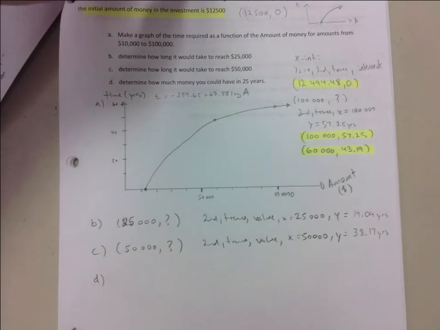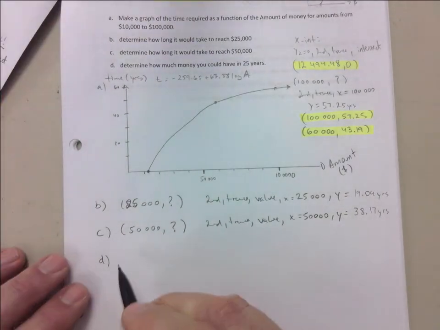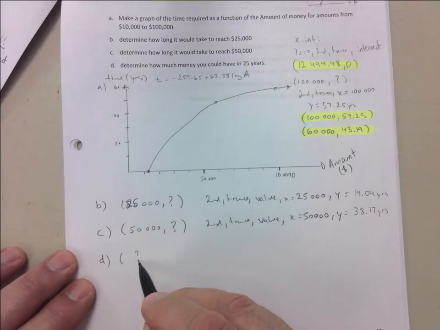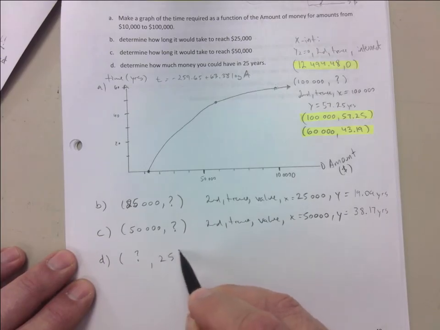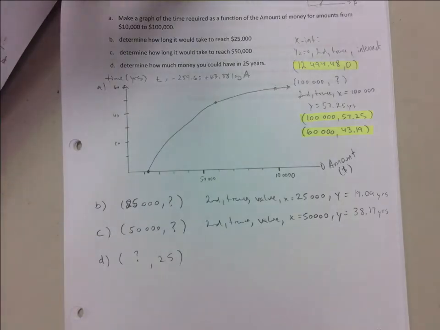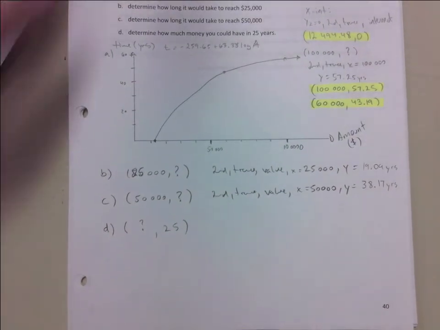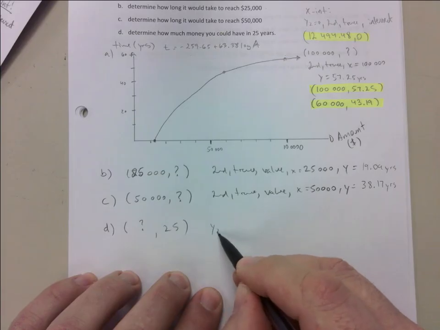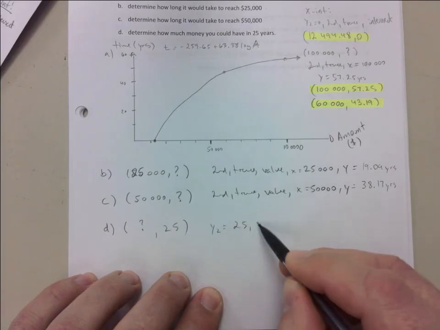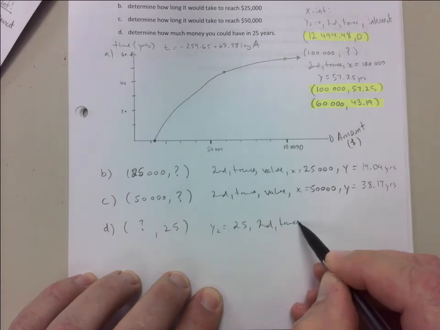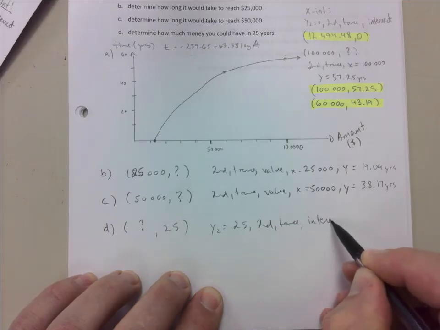D, determine how much money you could have in 25 years. They're asking how much money in 25 years. So Y2 is 25. We go second, trace, intersect.